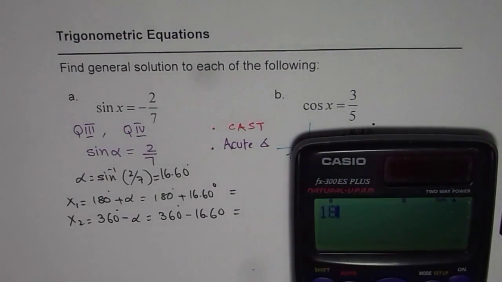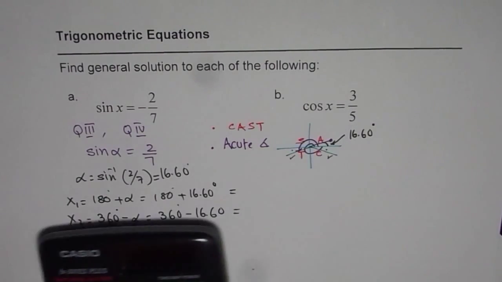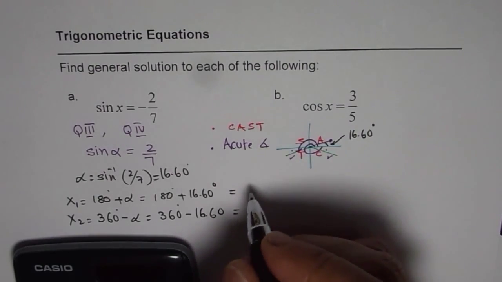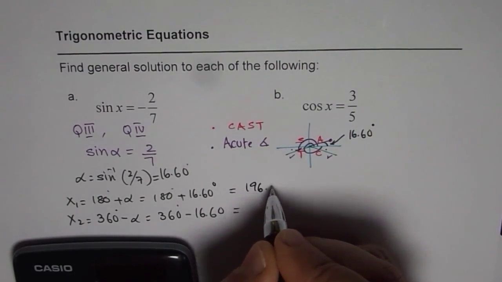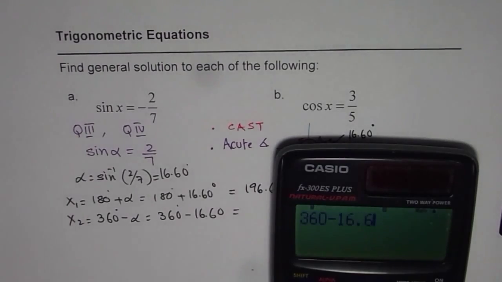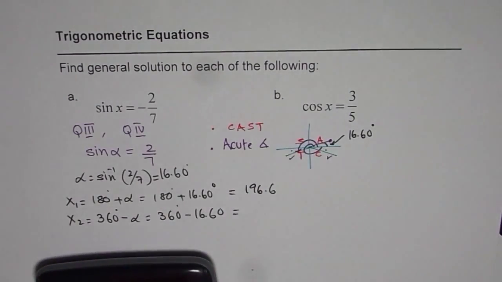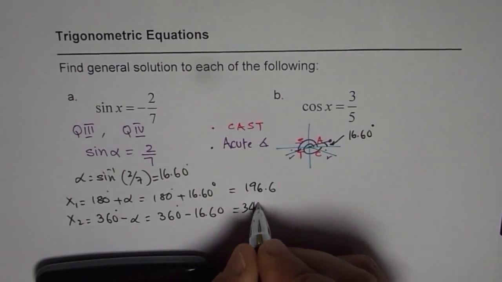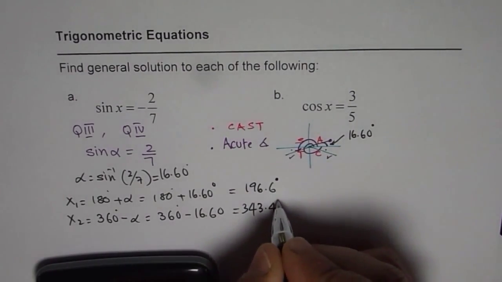You can use the calculator again and find your answer. So 180 plus 16.6 equals, in decimals, 196.6. And the other one is 360 minus 16.6, which is equal, in decimals, to 343.4.